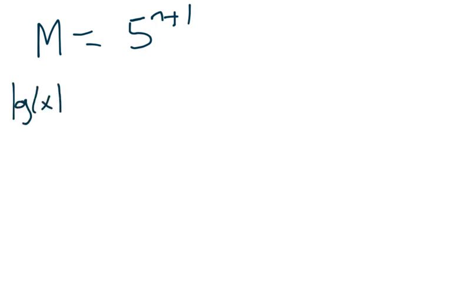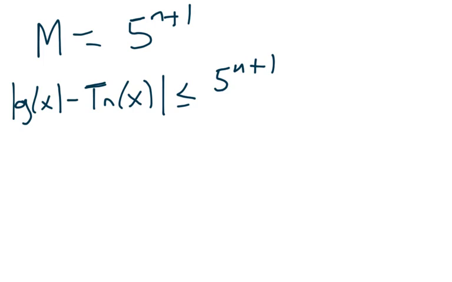Okay, so what we have is that M is equal to 5 to the n plus 1. That's the maximum value always. So now what we know is that the error, g of x minus Tn of x, is less than or equal to 5 to the n plus 1 over n plus 1 factorial, and then we had x to the n plus 1.